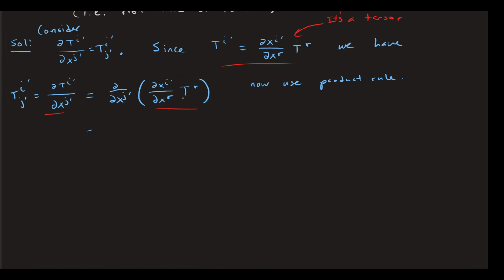So by the product rule, this would be partial T_r over partial x_j' times partial x_i' over partial x_r, plus T_r times partial x_j' of partial x_i' over partial x_r.